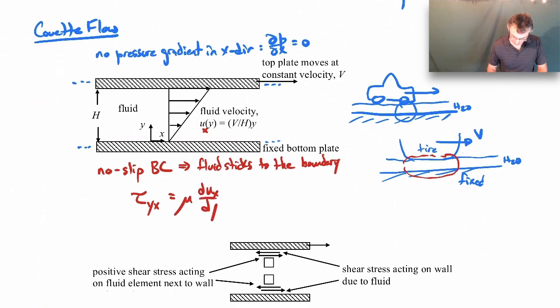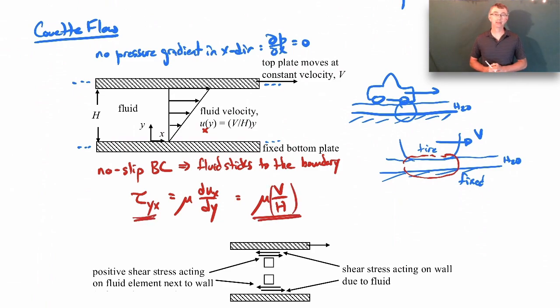I can substitute in for my velocity. When I take the derivative with respect to y, it's just going to be v over h. So in this particular case, the shear stress on the little bits of fluid is constant. Everywhere you look, you get the same shear stress. It's mu times v over h.